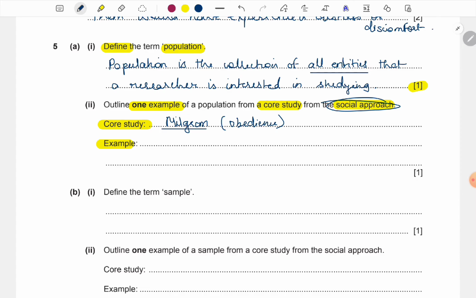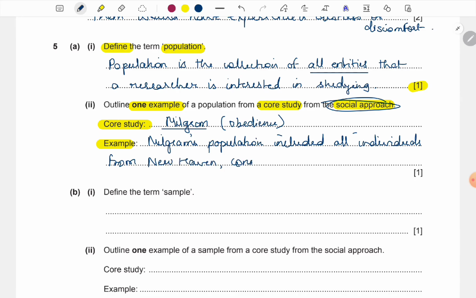So example is Milgram's population included all individuals from New Haven, Connecticut.